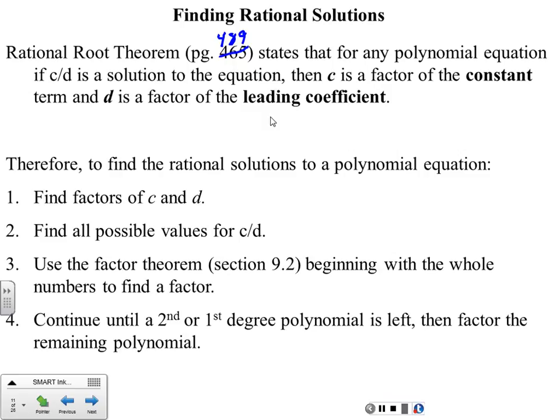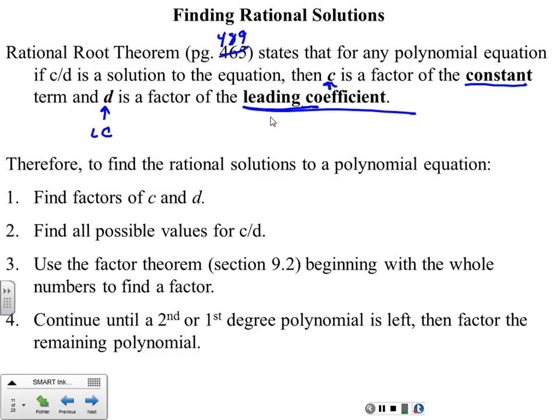We just use C over D. If C over D is a solution to the equation, then C is a factor of your constant, and D is a factor of your leading coefficient. So D is your leading coefficient, and C is your constant.